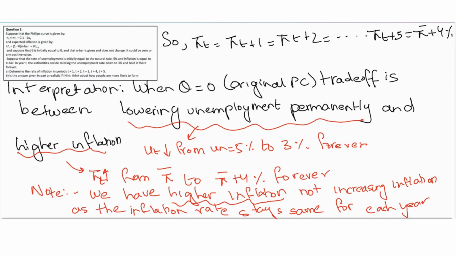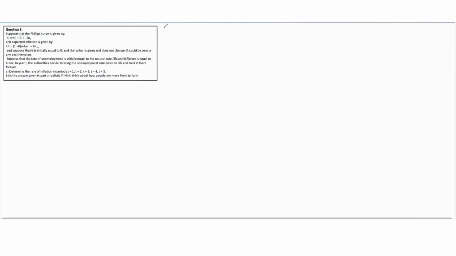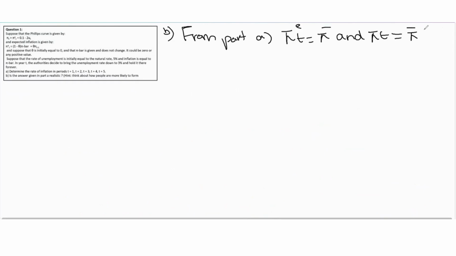Now part B says, is this scenario realistic? From part A, we know expected inflation is equal to pi bar and theta is equal to 0. And we saw inflation is equal to pi bar plus 4% forever when you try to lower unemployment below UN which is 5%.